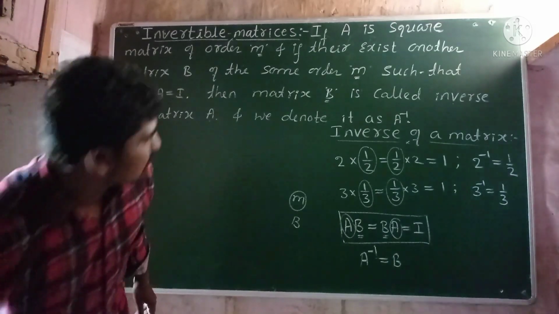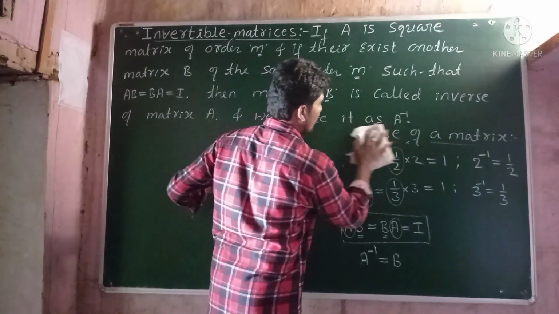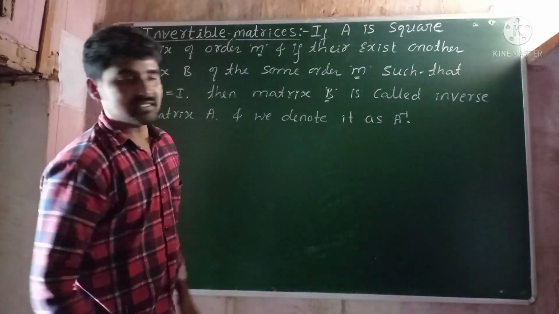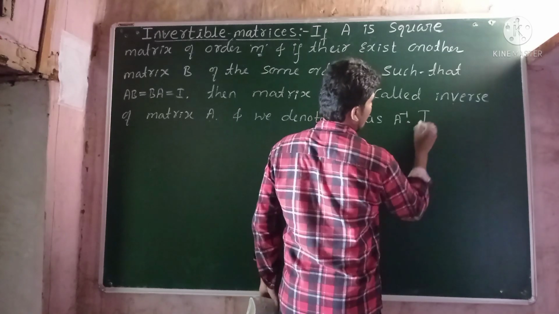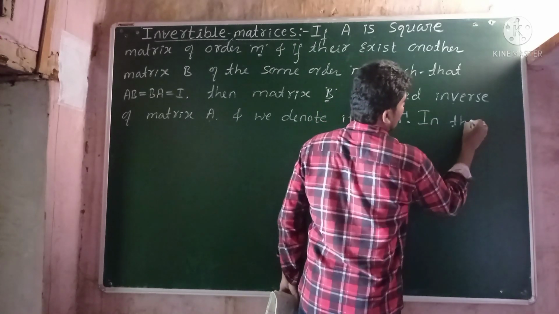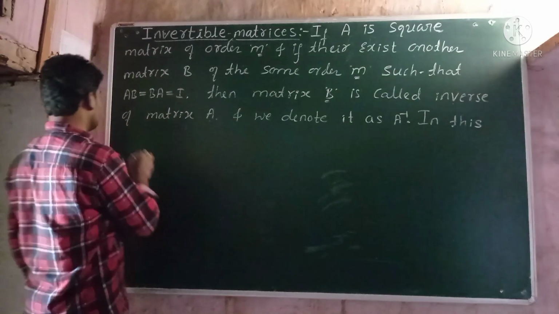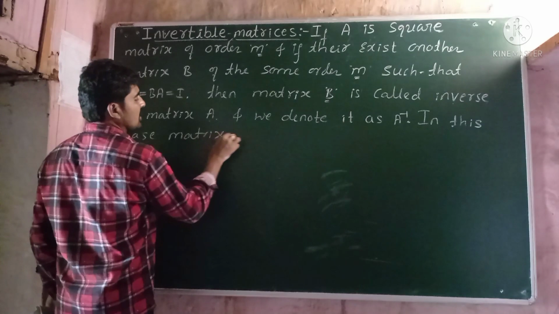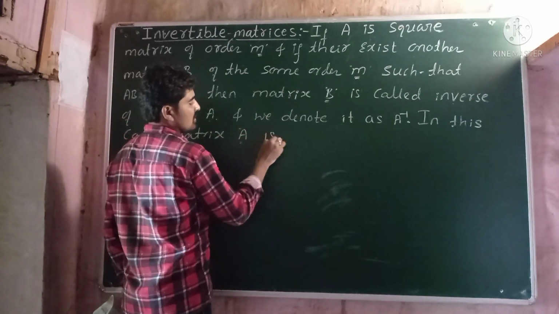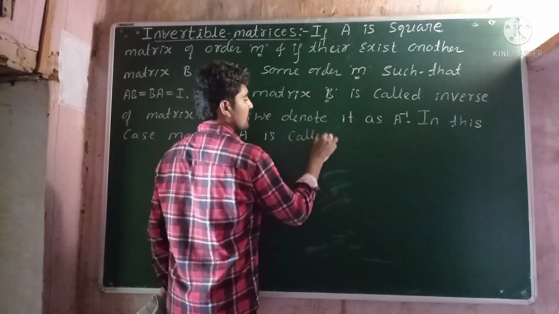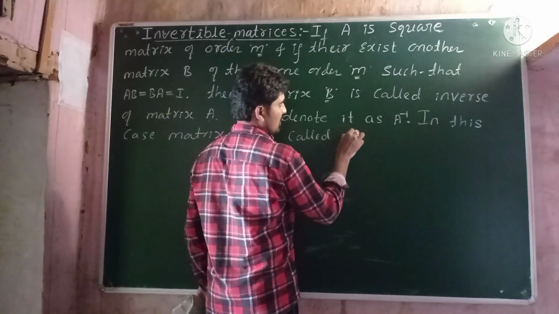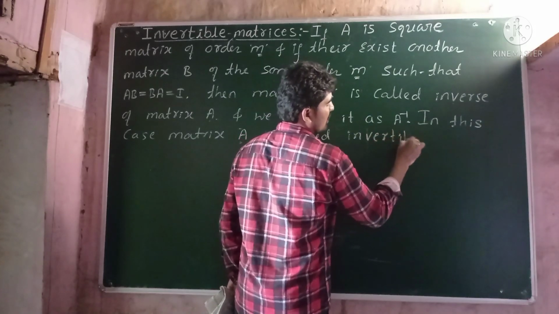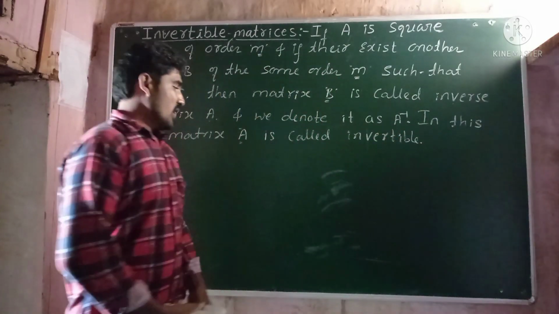And in this case, matrix A is called invertible matrix or simply invertible. I hope all of you understood.